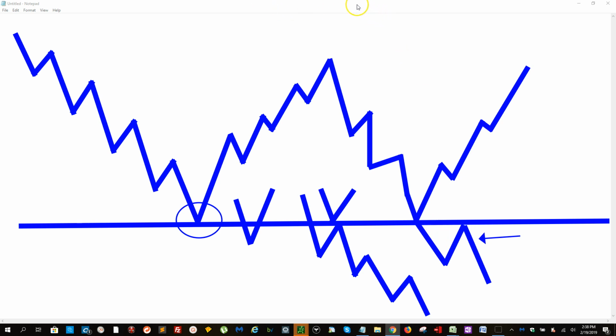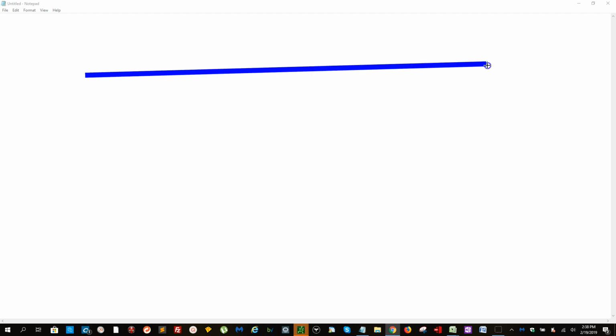So I'm going to erase this here. And, you know, most of the traders, when they do have a support and resistance level, let me just create, here's a resistance level, and here's a support level.